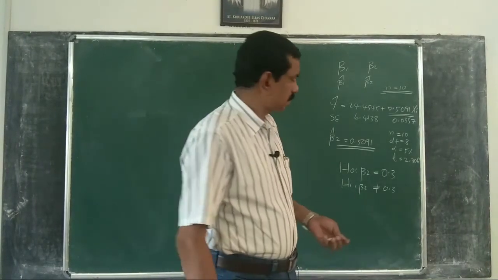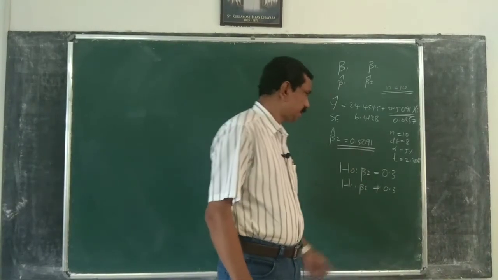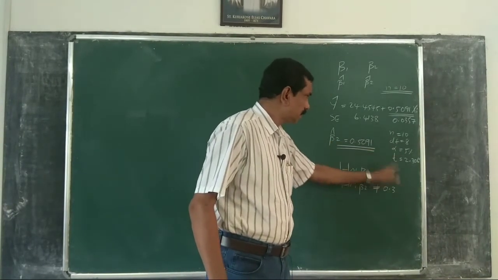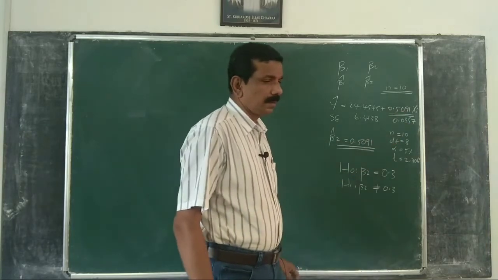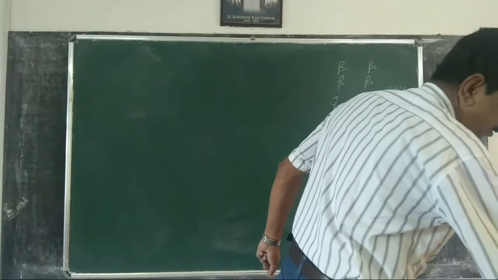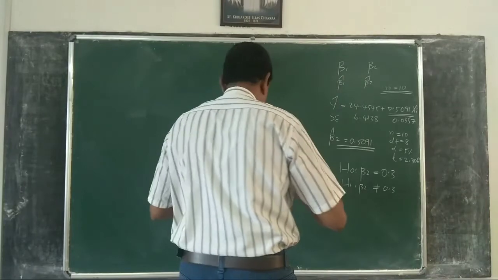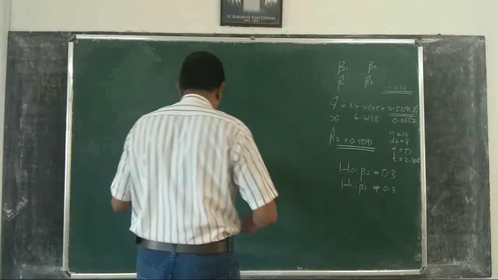Now, once we formulate the hypothesis, the sample is taken, the model is estimated, and we construct the 95% confidence interval for beta 2.